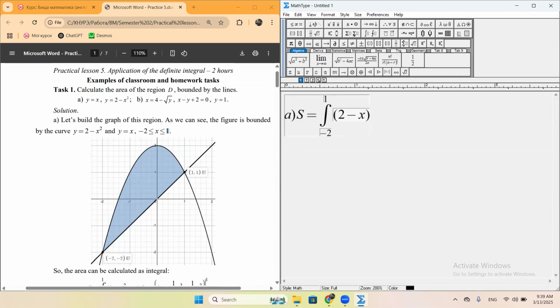The integral is of 2 minus x squared, the upper bound, minus the lower bound x, dx. Now let's integrate using the Newton-Leibniz formula: 2x minus 1 over 3 x cubed minus 1 over 2 x squared.